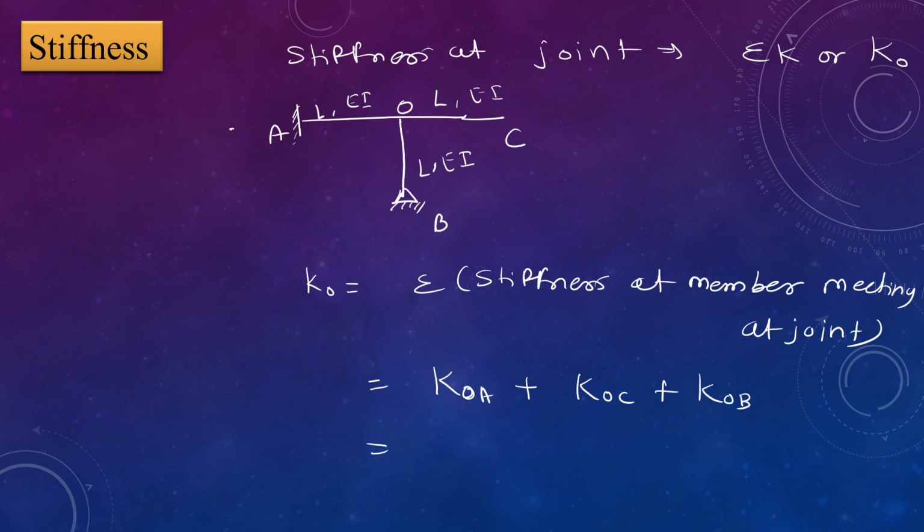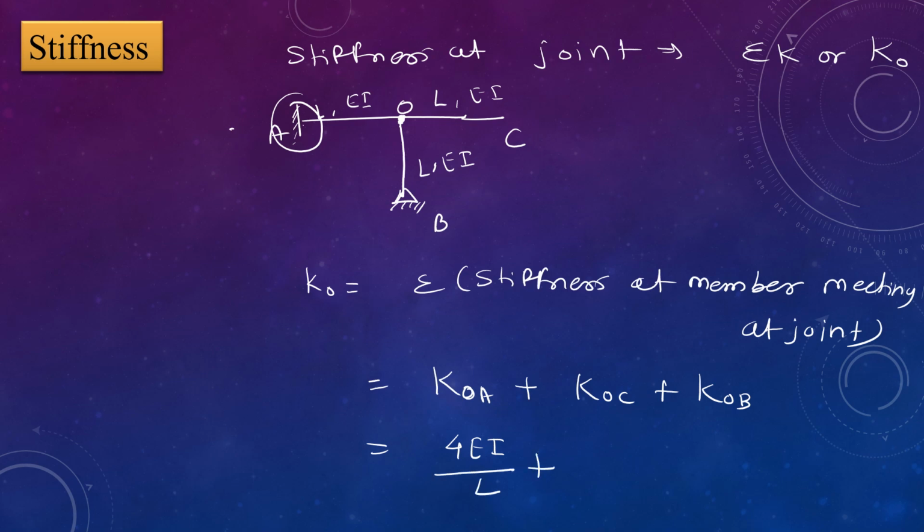Take this joint O as the center. From O, the A support is fixed, meaning the far end is fixed, so the stiffness value is 4 EI by L, plus KOC.